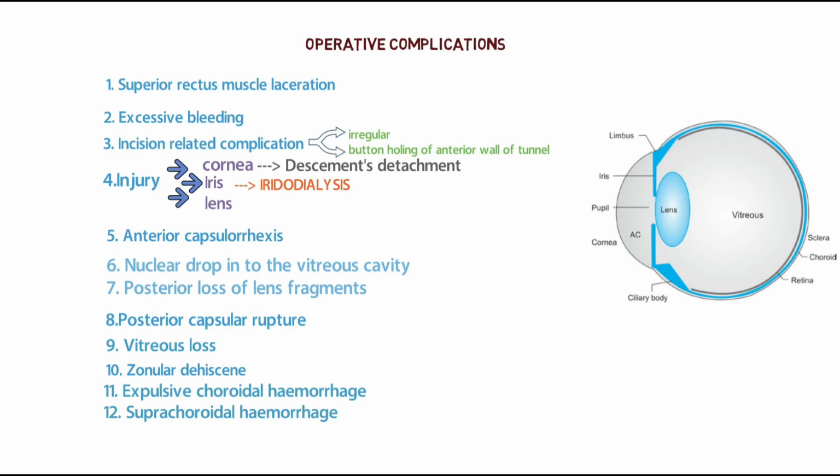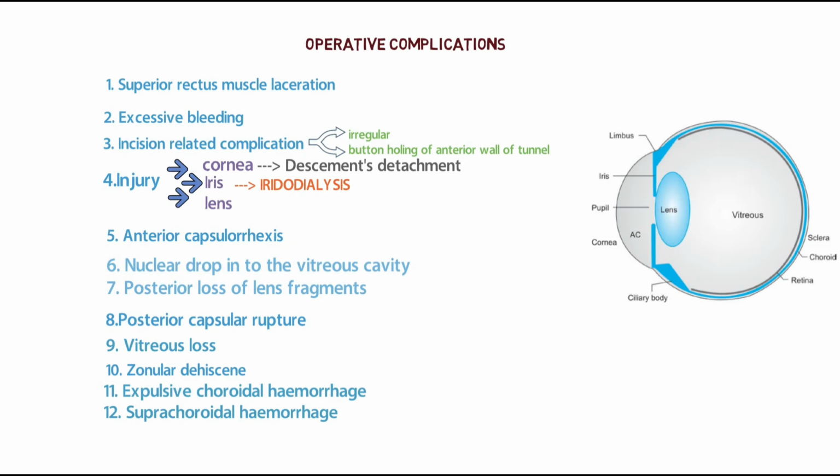So the first complication is superior rectus muscle laceration while holding the bridle suture. Then there is excessive bleeding. There can be incision related complications. After that, there may be injury to the cornea, iris or the lens. Then there is the anterior capsule, with complications related to the anterior capsulorhexis. Then there is a nuclear drop into the vitreous cavity, or posterior loss of lens fragments.